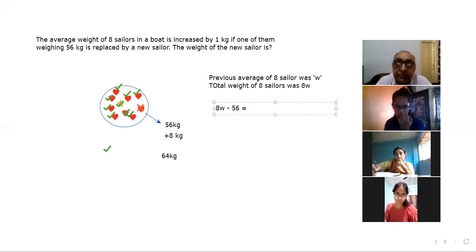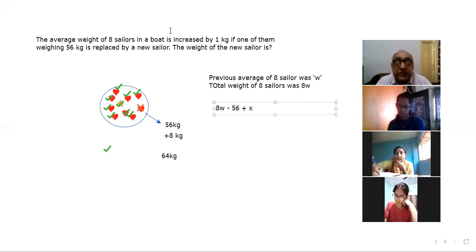Now you can say minus 56, plus a new sailor has come, whose weight is X.